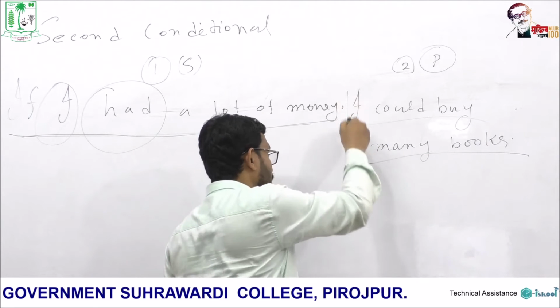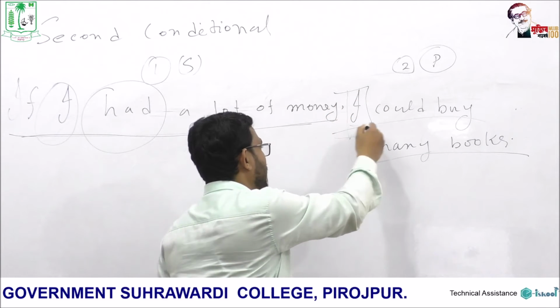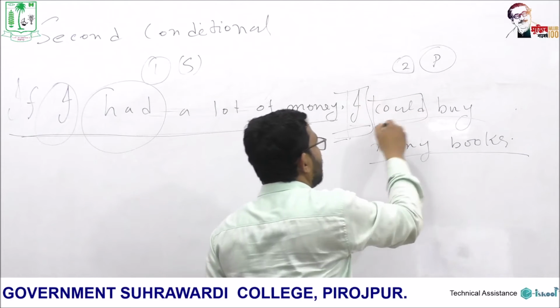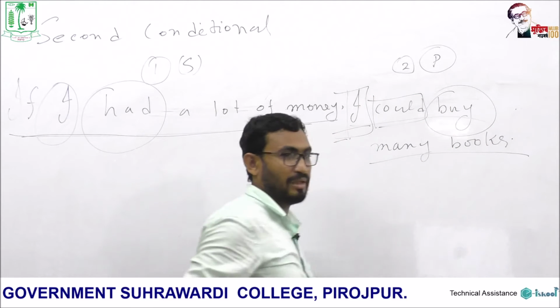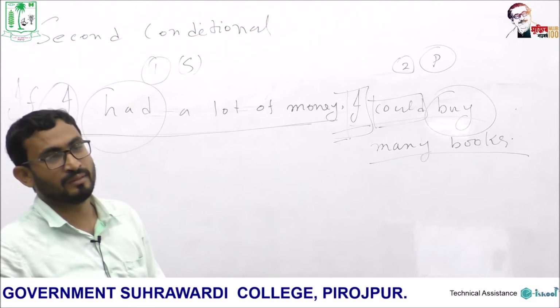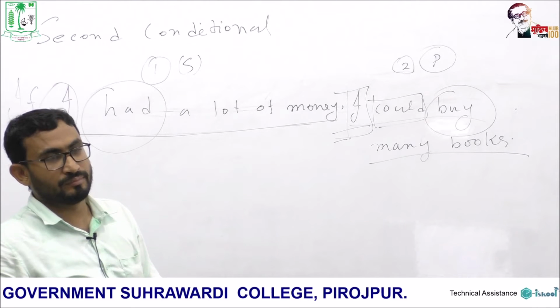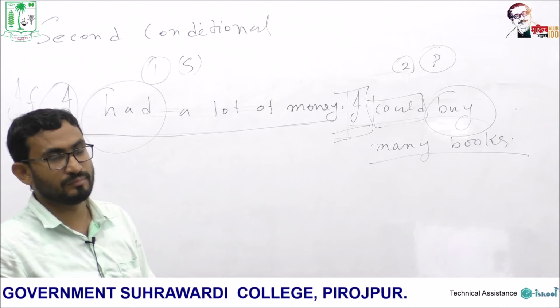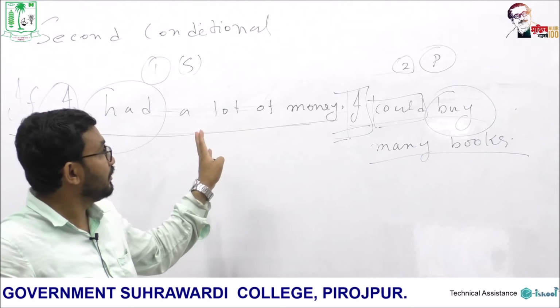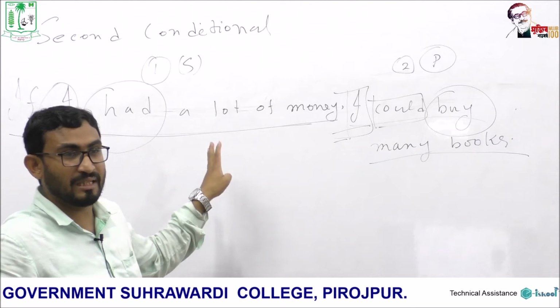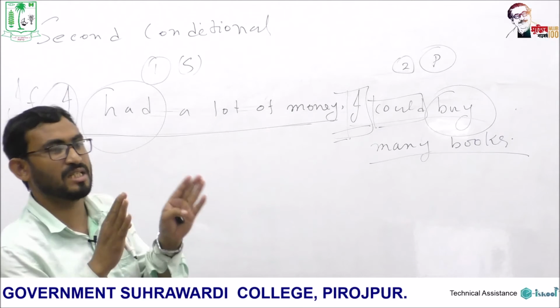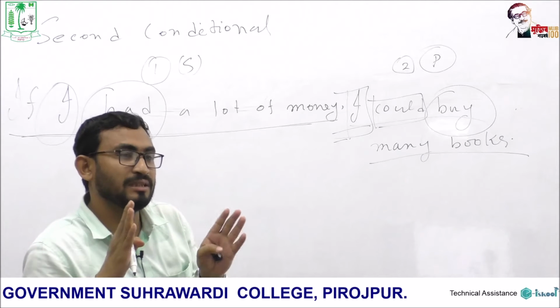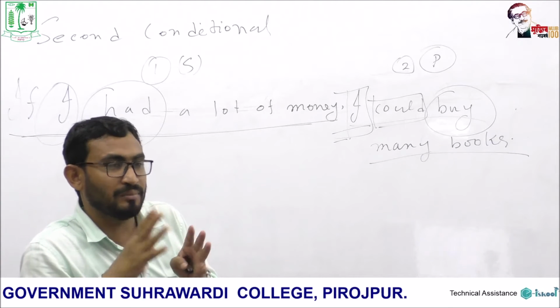Again the same structure: subject, would and buy, the base form of the verb. So I think you have no problem understanding the second conditional, that is the structure of writing sentences using the second grammatical rule of the second conditional.